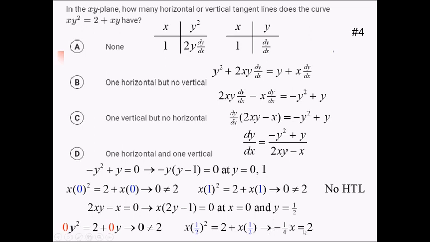Multiplying both sides by -4, I see that this is going to be true when x equals -8. So there is an x value that goes with this y value, meaning there is a point that's actually on the original curve at which we have a vertical tangent line. So then we end up with no horizontal tangent lines, but one vertical. So that would be choice C.